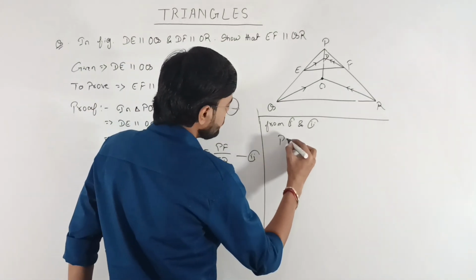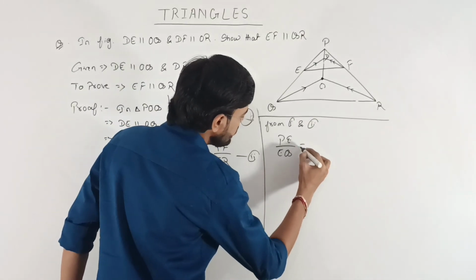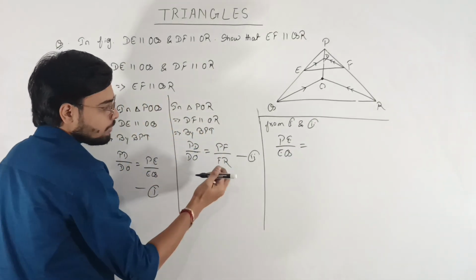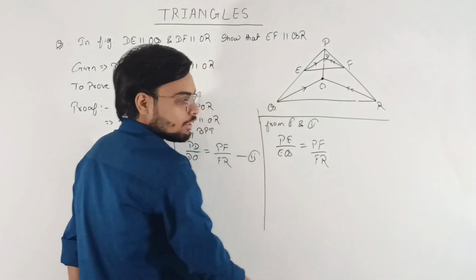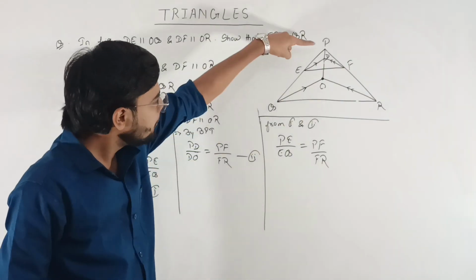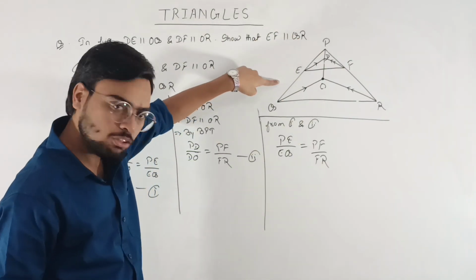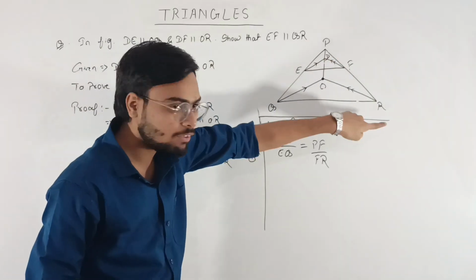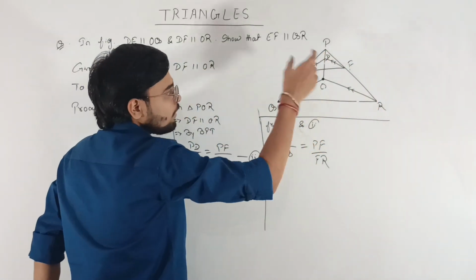So PE upon EQ is equal to PF upon FR. Now look, PE and EQ. PE is here and EQ is here.